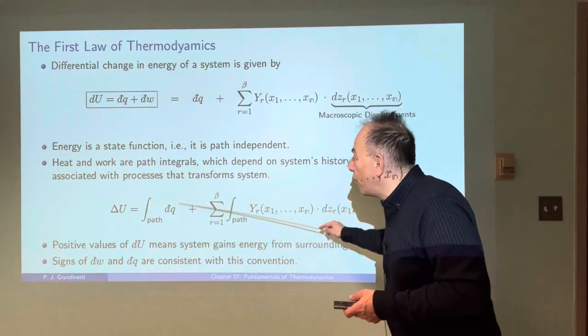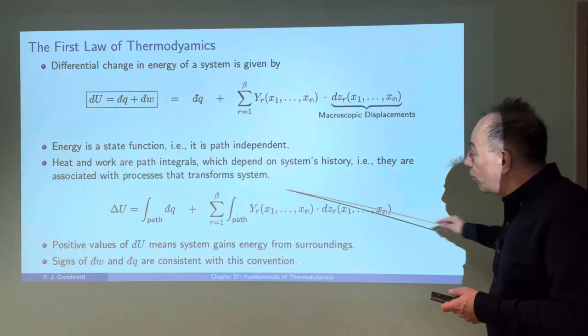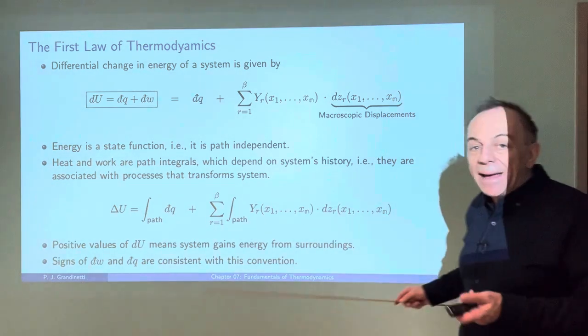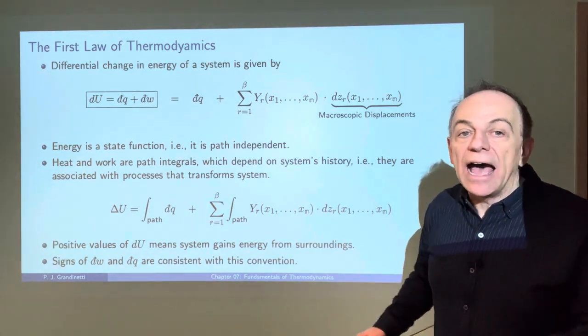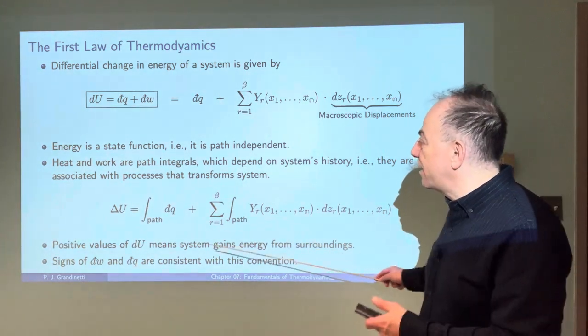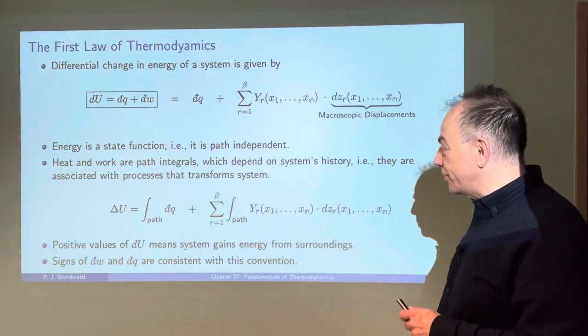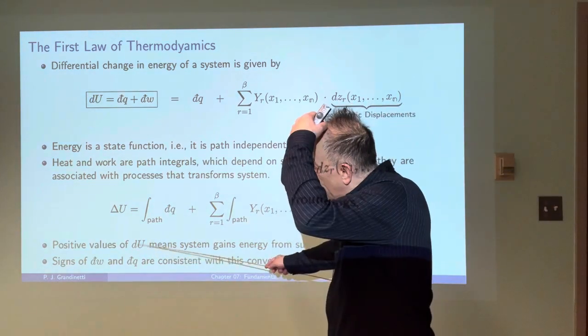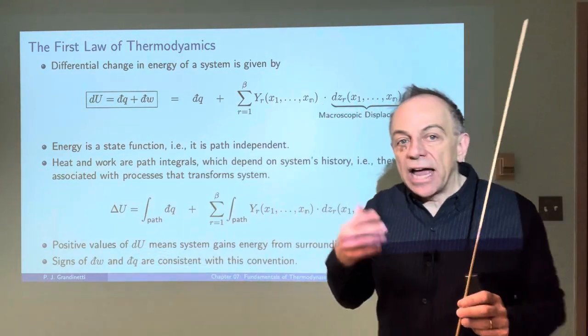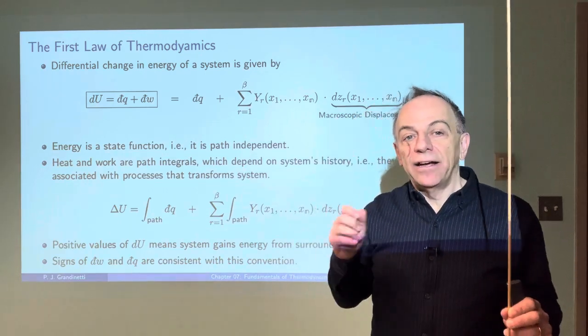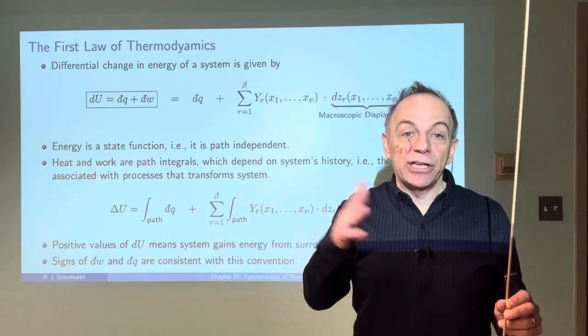So the integral for the heat and the integral for all these different types of work are going to be path integrals, and so we'll learn later how we're going to tackle these to get the actual change in the internal energy.